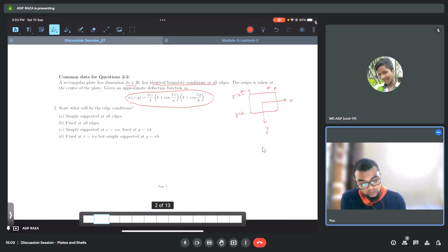As there is a statement that there is an identical boundary condition at all edges, we'll just take one of the edges and try to find.